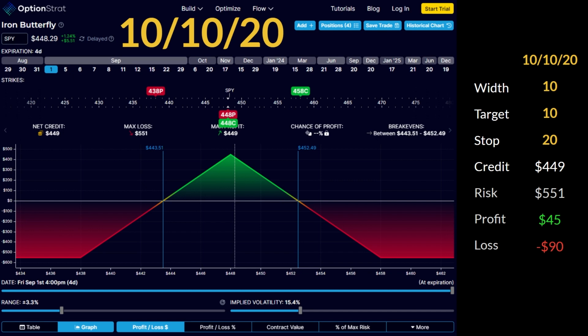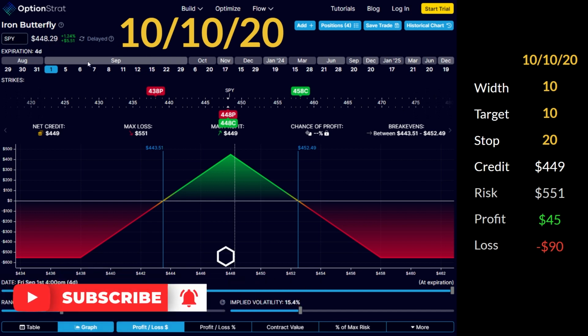And what I've shown up here is a trade that would have been opened last Tuesday, and it would have expired yesterday. So these are the numbers that would have been accurate when I opened the trade. For the 10-10-20 iteration of the iron fly trade, you can see SPY was at $448.29 up here in the upper left.